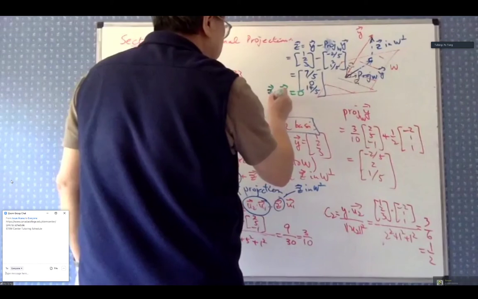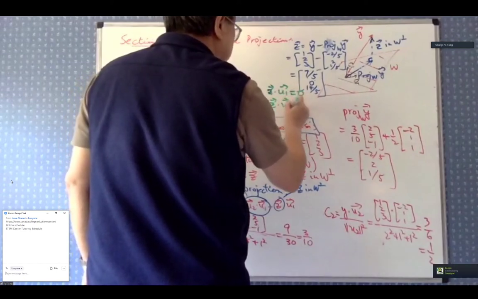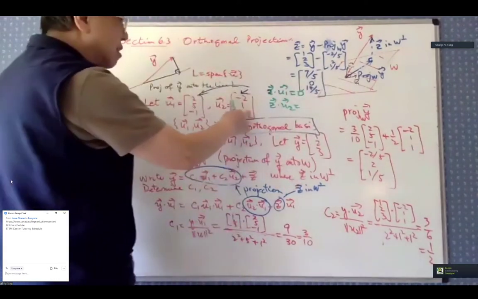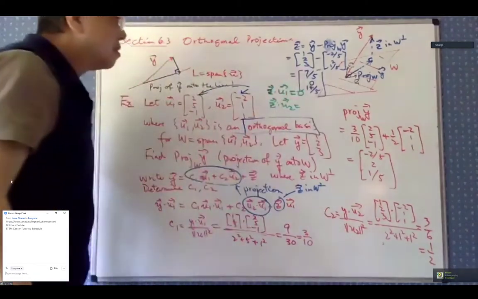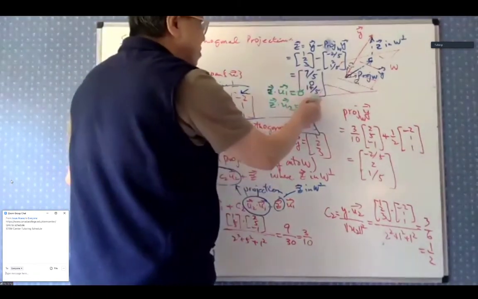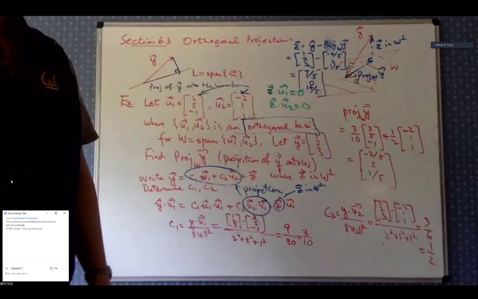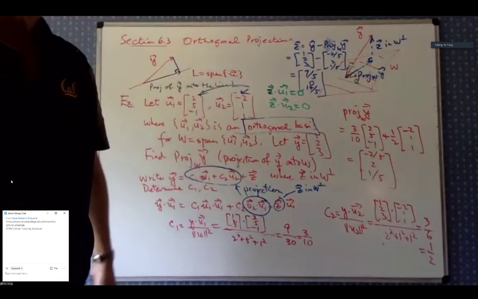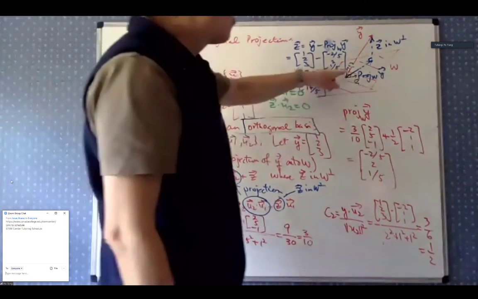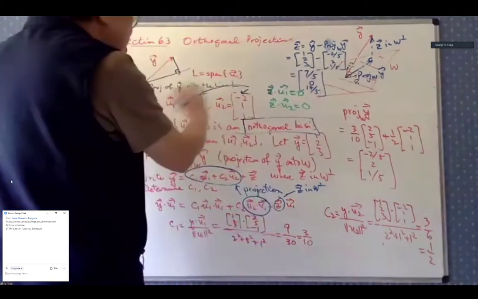How about z dot u2? It's also supposed to be 0. This guy dot this guy is 0. Is it okay? So now you actually have 3 vectors, all orthogonal to each other: u1, u2, and z.